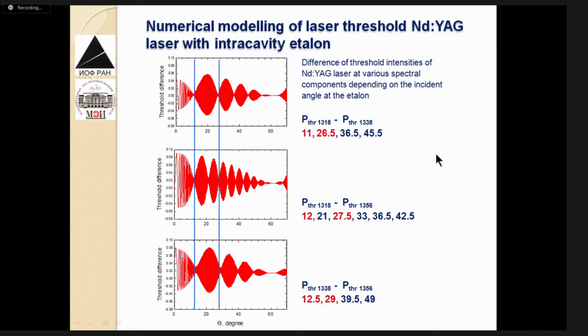What is interesting is that in the case of 11 and 26, with this blue line, I showed the positions where the differences of the thresholds are about 0 for all three components, and at these angles there should be conditions for obtaining three wavelength oscillation.